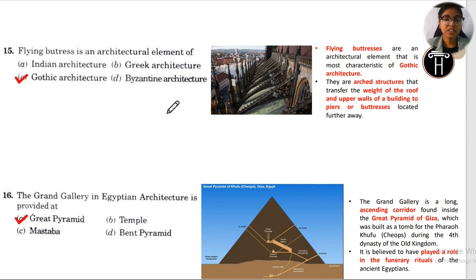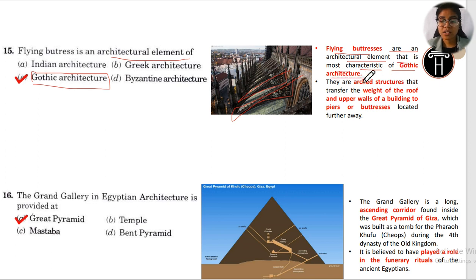Next question is, flying buttress is an architectural element of. So flying buttress is an architectural element of the Gothic architecture style. See, this is your flying buttress. Flying buttresses are an architectural element that is most characteristic of Gothic architecture.